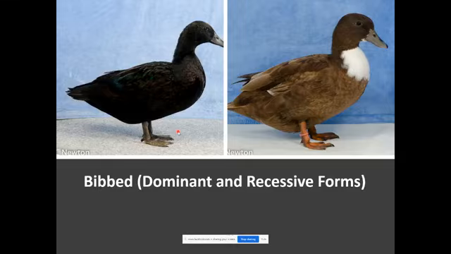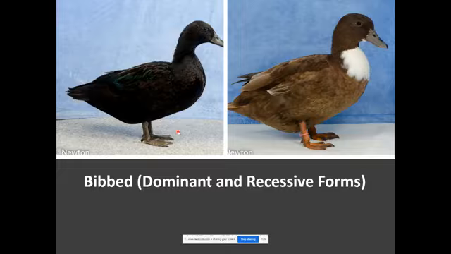The next gene I want to introduce is the bibbed gene, and there are both dominant and recessive forms of this gene in the literature. I have never bred bib ducks, and I have to say that I don't know if both forms are here in Australia. I think they are from the bit of reading I've done, and I don't know which is the more common.